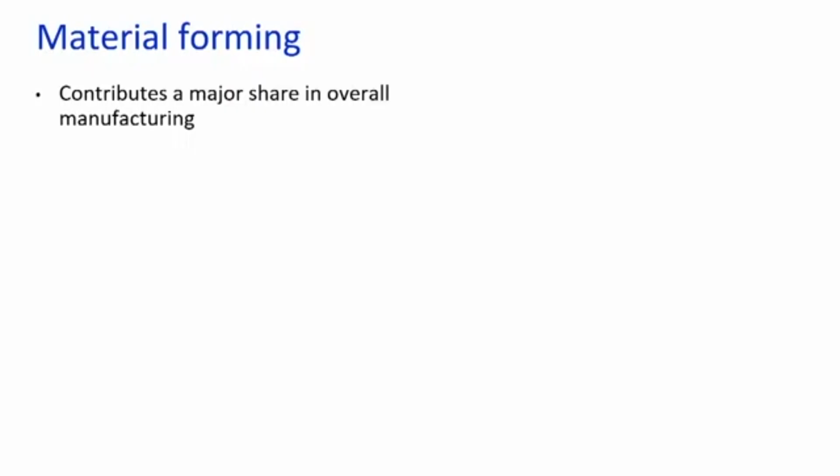Well, my friends, material forming is one of the primary manufacturing processes. We know that casting is one manufacturing process which is widely used as a primary process to convert the raw material into a semi-finished product. Material forming is another process where we use the raw material to make semi-finished products, for example thin sheets of metals.